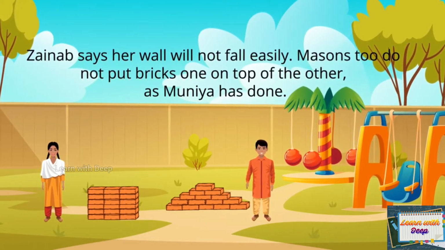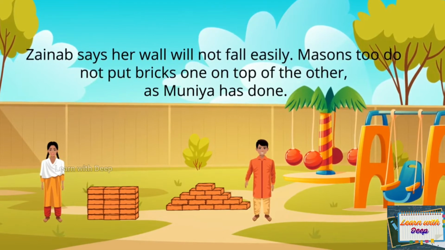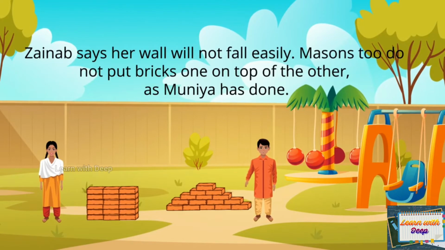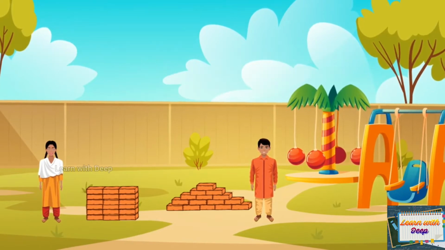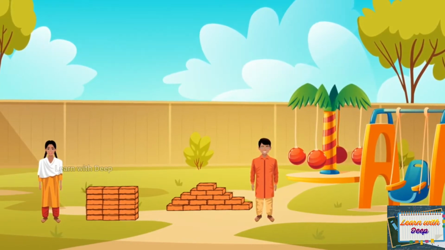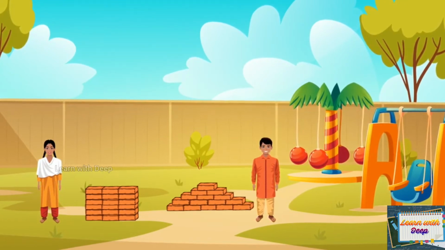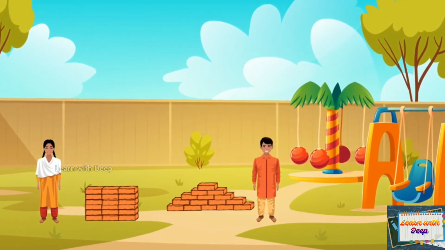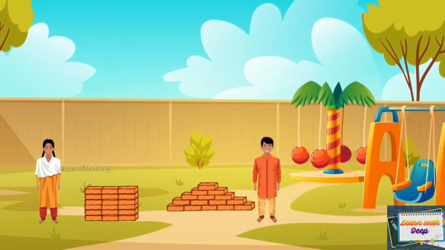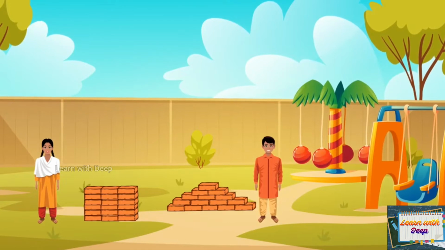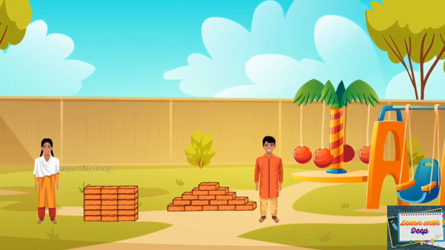Masons too do not put bricks one on top of the other as Munia has done. What do you think? Which wall will be stronger? Yes, try and tell. Yes, it will be that of Zanab's. Okay, now let's move ahead.